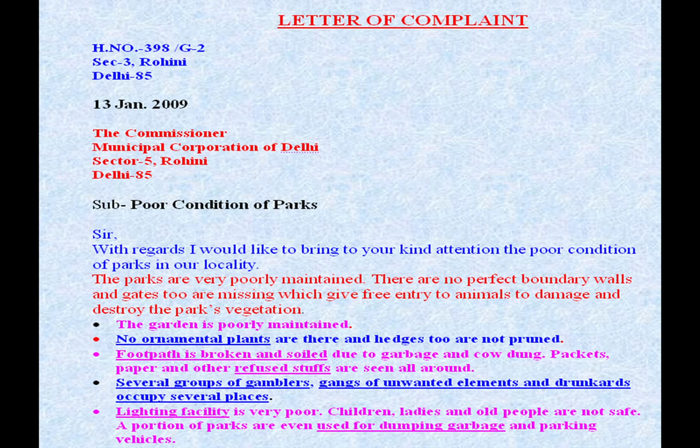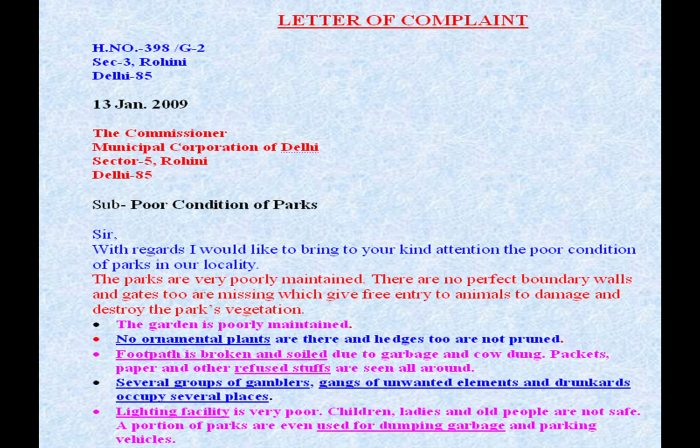No ornamental plants are there and hedges too are not pruned. Footpath is broken and soiled due to garbage and cordons. Packets of paper and other refuse stuffs are seen all around.